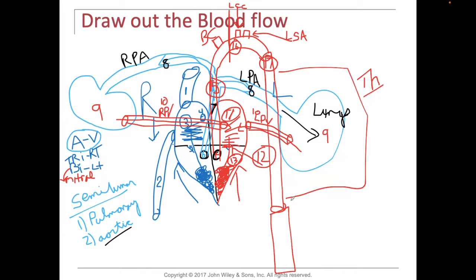And then below that, where the abdominal region is, right below the diaphragm, this is going to be the abdominal aorta. Abdominal, sorry about that, aorta. And there's many branches off of that that are going to feed all the organs.